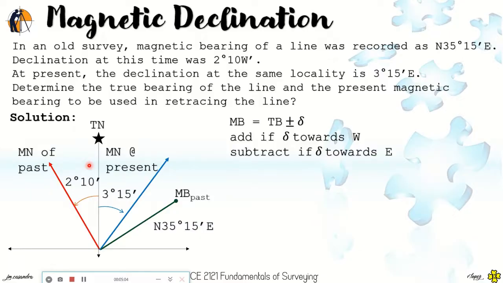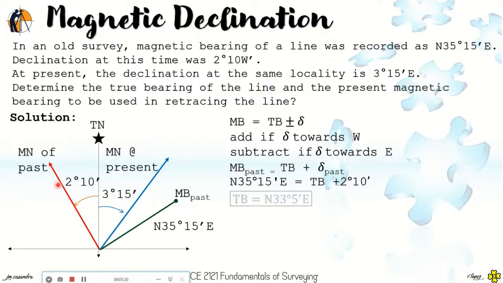So for our magnetic bearing of the past, it's equal to the true bearing plus the declination of the past, since it is to the west. So we have north 35 degrees 15 minutes east is equal to the true bearing plus 2 degrees 10 minutes, or the true bearing now of the line is north 33 degrees 5 minutes east.